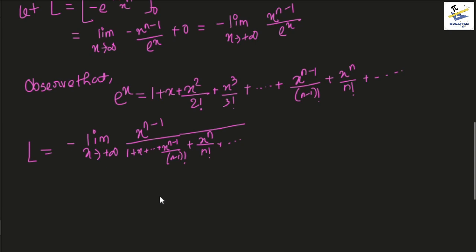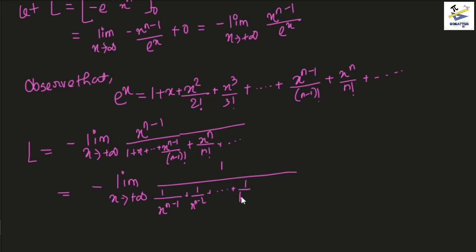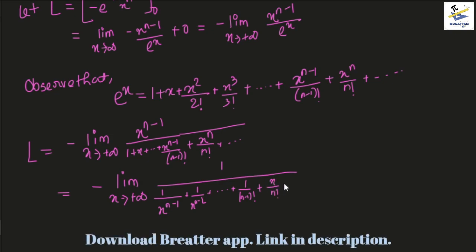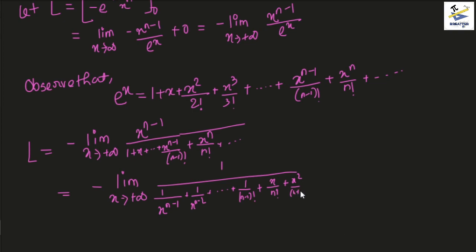So dividing up and down by x to the power n minus 1 should give us 1 divided by, so this would become 1 by x to the power n minus 1, this would become 1 by x to the power n minus 2, and this term would become 1 by n minus 1 factorial, but this would become x by n factorial. The next term would have been x to the power n plus 1 by n plus 1 whole factorial, which would rather become x square by n plus 1 whole factorial and so on, right?